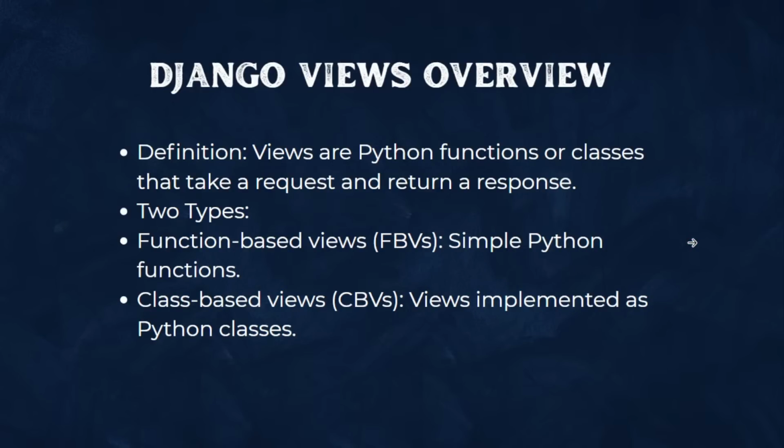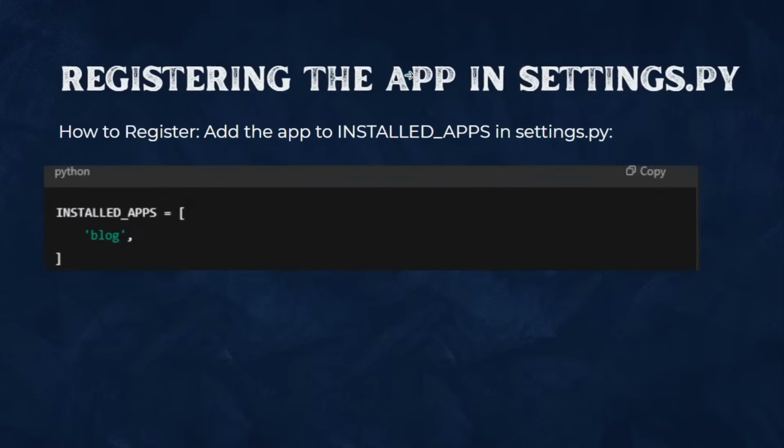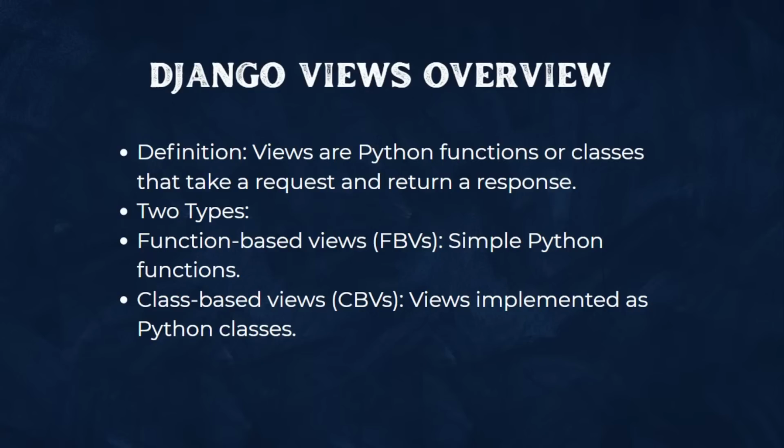Now, Django views overview. First we understood what a Django project and app are. Now we are going to understand what a Django view is. A view handles requests; some logic is handled by the view. There are two types of views defined in the Django views file: function-based views and class-based views. A function-based view is a simple Python function, which we already saw in the previous Python class.